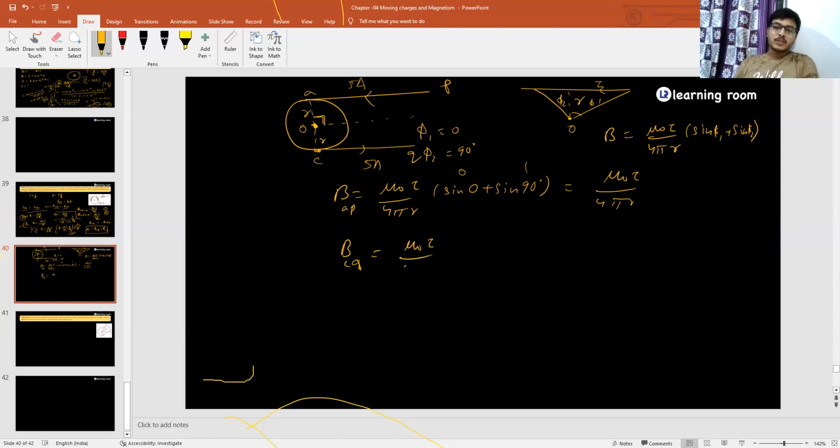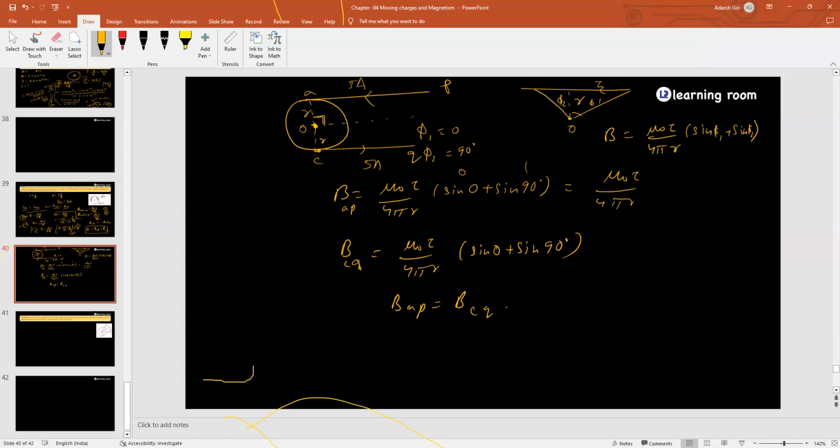Mu naught I upon 4 pi R sine of 0 plus sine of 90. So that means magnetic field due to AP is equal to magnetic field due to CQ. Agree? Yes, sir.